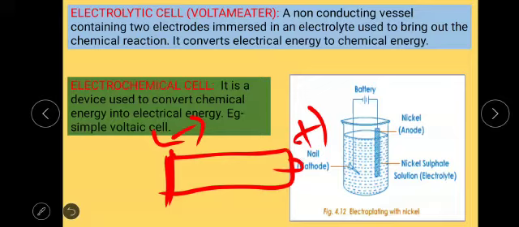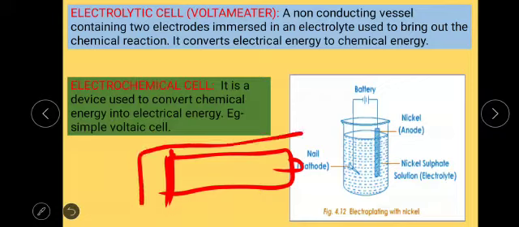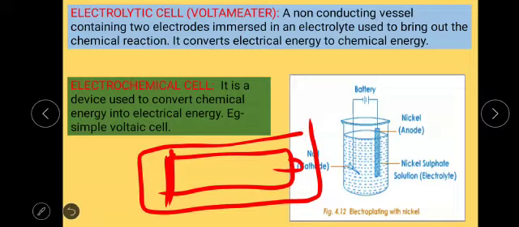Only one point you have to keep in your mind. In this cell, we are using this cell for producing electricity. So in this cell, a chemical reaction takes place inside the cell, and electrical energy is produced. Normal battery, so in physics you must have learned about the simple voltaic cell. The main point is, in this device, chemical energy is converted into electrical energy.